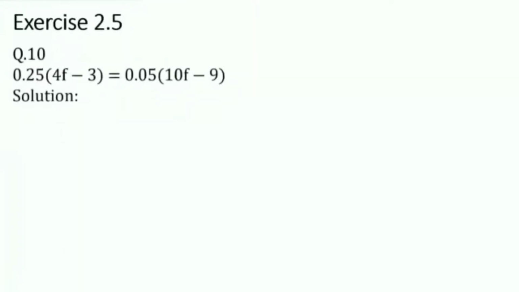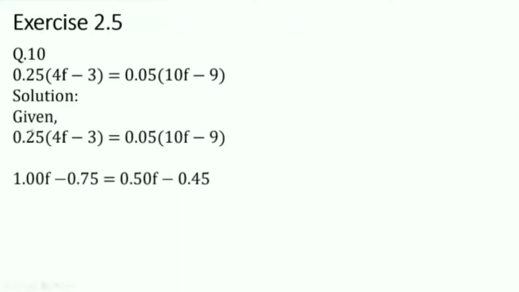Question number 10. You have 0.25 into 4f minus 3 is equal to 0.05 into 10f minus 9. So opening the brackets on both sides, 0.25 into 4 will be 1, so 1.0f, minus 0.25 into 3 will be 0.75.